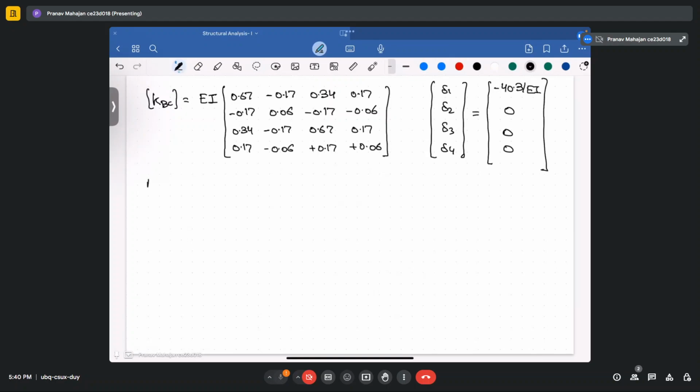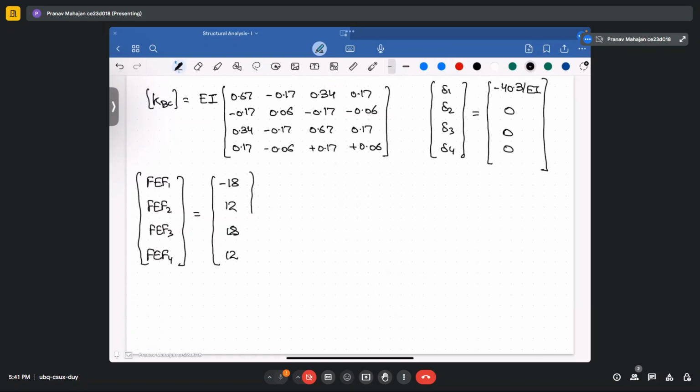Now talking about fixed-end forces, here it is a point load. So due to the point load, we have calculated the values of fixed-end forces, and it is coming out to be minus 18, 12, sorry, 18 and 12. Okay.